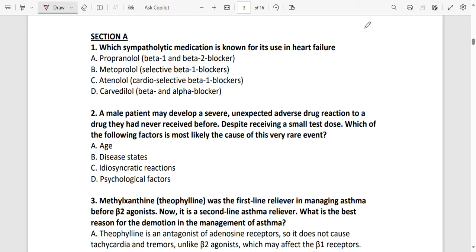So those drugs which work in the sympathetic nervous system, the major neurotransmitters produced are norepinephrine and epinephrine, or noradrenaline and adrenaline. So the sympathetic is also known as the adrenergic system because of the hormones.